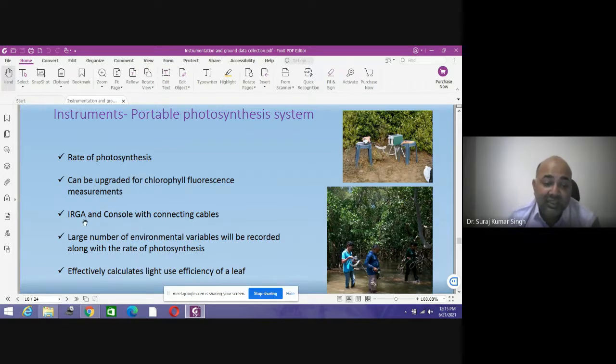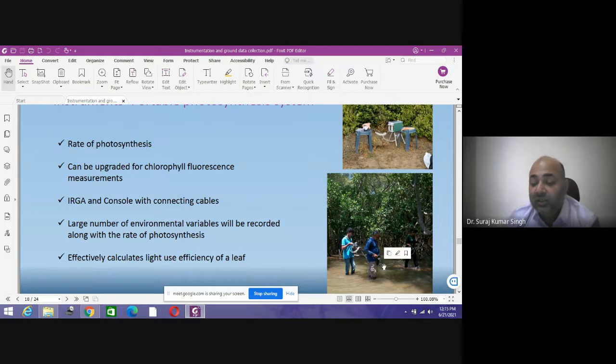Then with the IRGA console with connected cables, a large number of environmental variables are recorded along with the rate of photosynthesis. It efficiently calculates the light use efficiency of a leaf. So you can see how tough the terrain is, how you have to carry the equipment, how tough the life is.